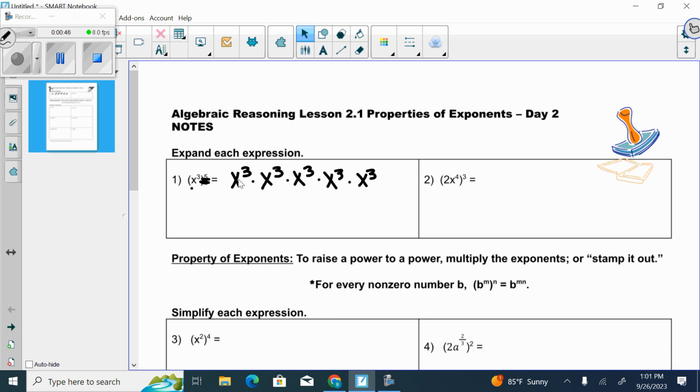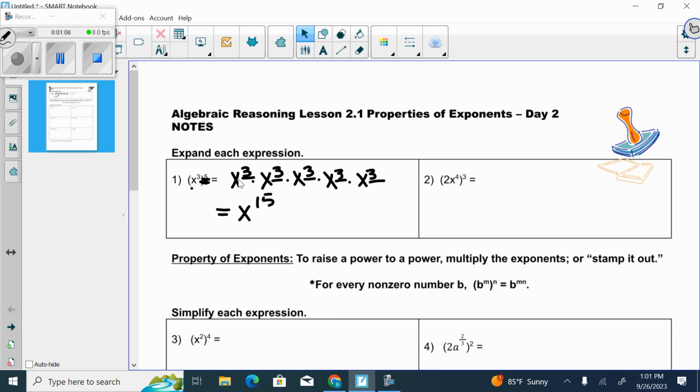Now from here, this is based on the rule that we did yesterday, right? Whenever we're multiplying, what do we do with our exponents? Very good. So whenever I go to add all of these up, I've got a 3, a 3, a 3, a 3, and another 3. Altogether would be 15. Very good.